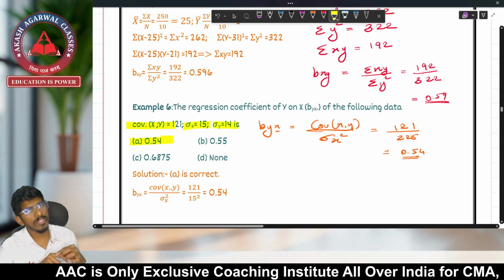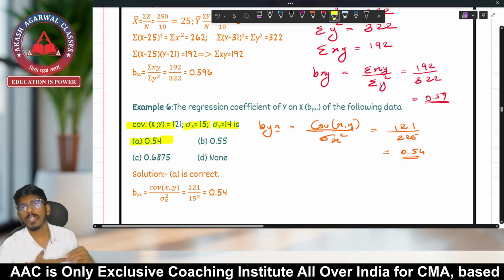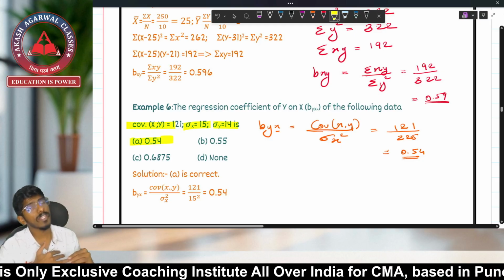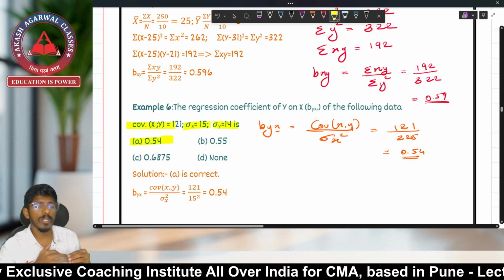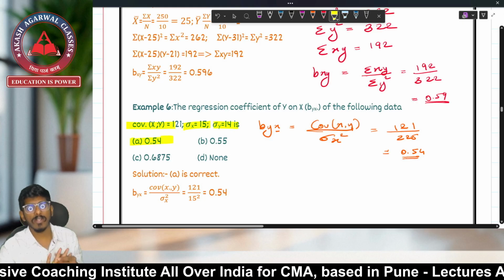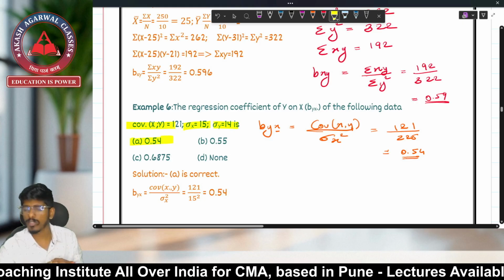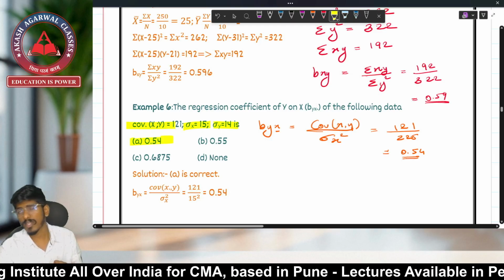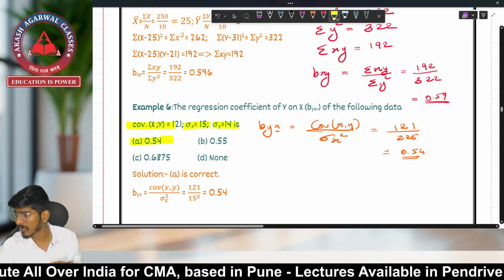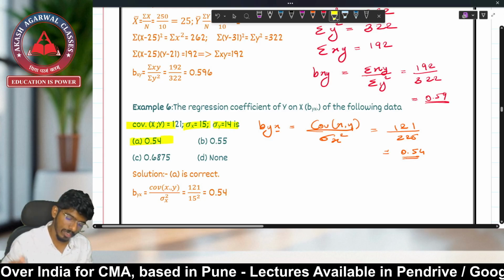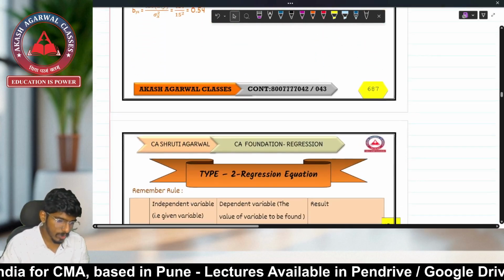So if you have the basic clarity, if you focus on the chapter, these questions are very, very solvable. So there is not going to be a big deal, whereas you will not have to face such kind of problem where you are not being able to solve or it is very difficult for practicing. So let's come to the next point.